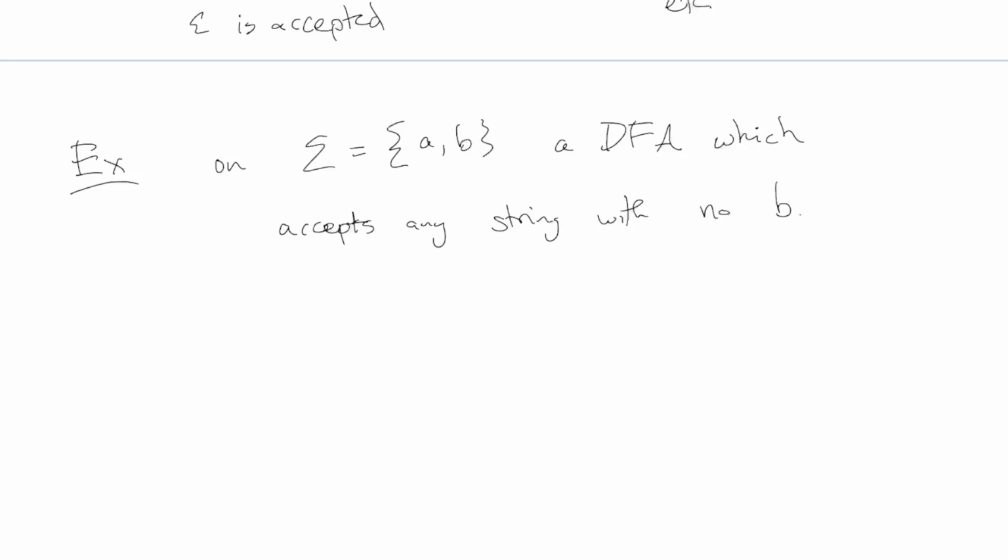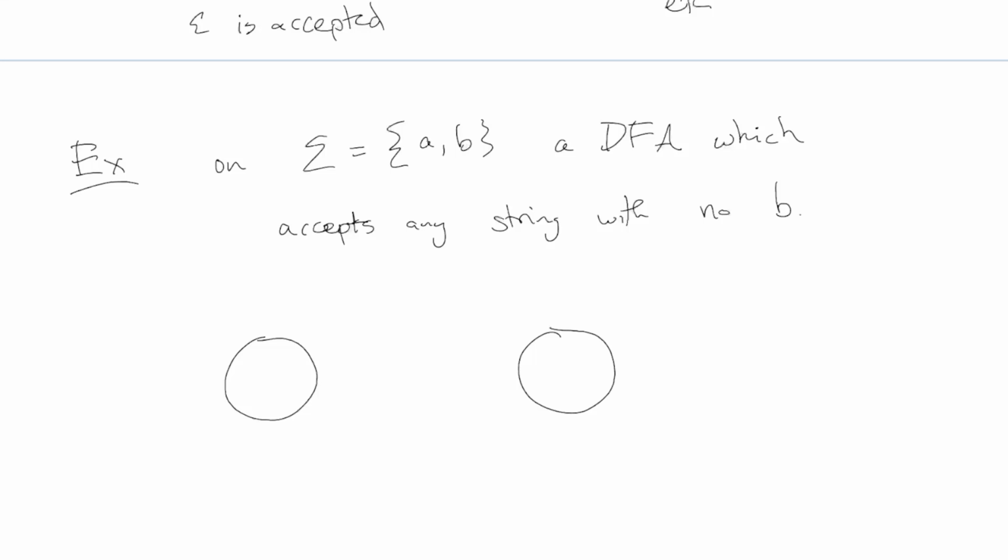It accepts only strings with no B. Now, this one also I can do using 2 states. For more complicated rules, you're going to have to use lots of states. But this one, just because we're getting started here, I happen to know that this can be done with only 2 states.